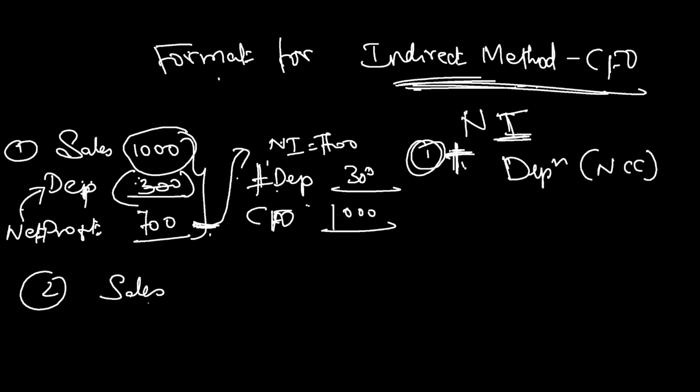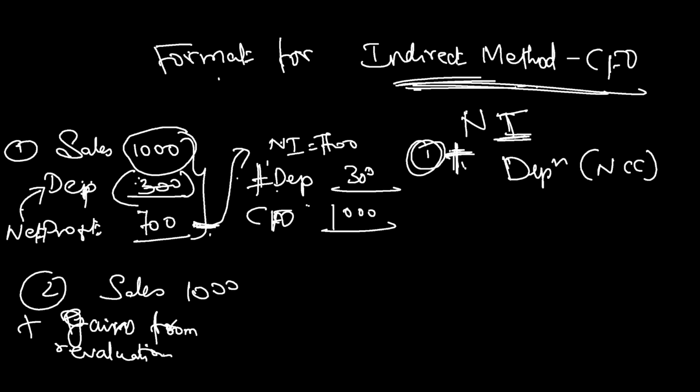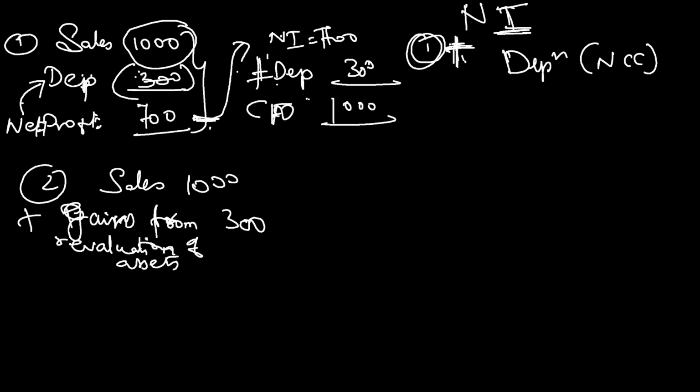Sales, let's say 1000, and then plus, let's say, gains from revaluation of assets. That came to be 300, so the total comes to 1300.